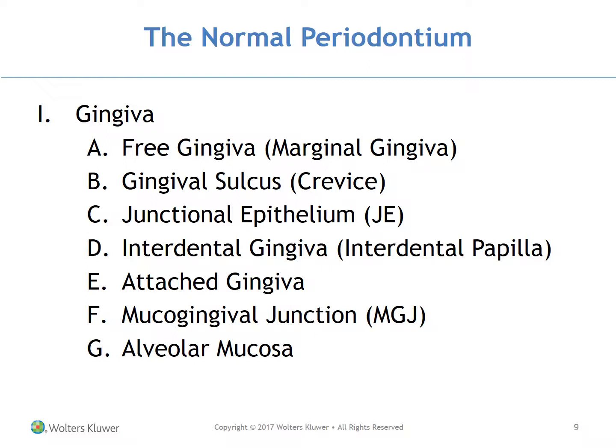So we're going to say the normal depth of a sulcus is going to be 1 to 3 millimeters. Okay, we don't use 1.3 to 2.7. We will say 1 to 3 millimeters. Okay, and that's in health.